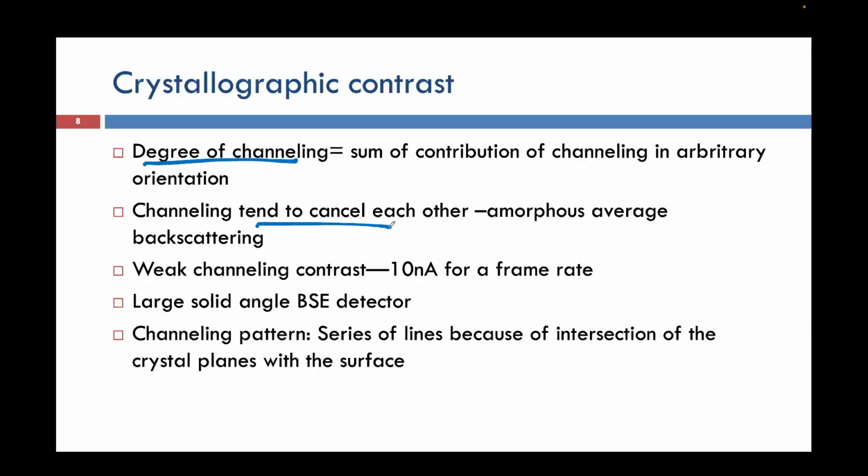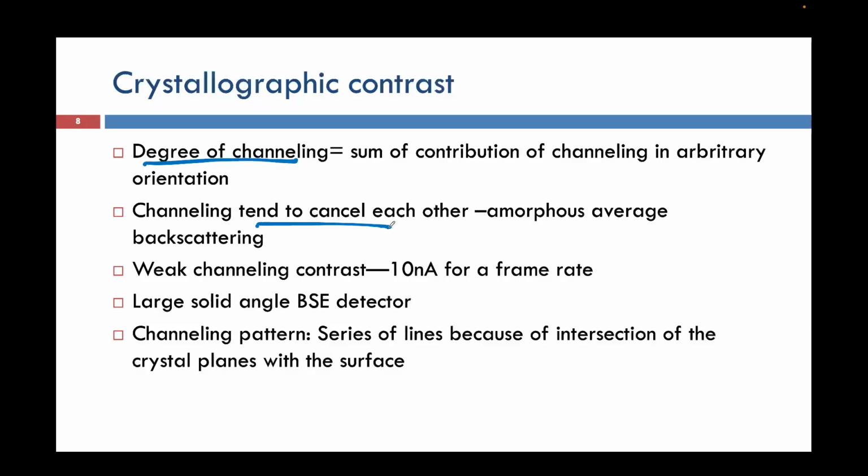If the material were amorphous, the contrast would be the same everywhere, but since it is a crystalline material, there is some contrast with respect to the average contrast we would get from an amorphous material.